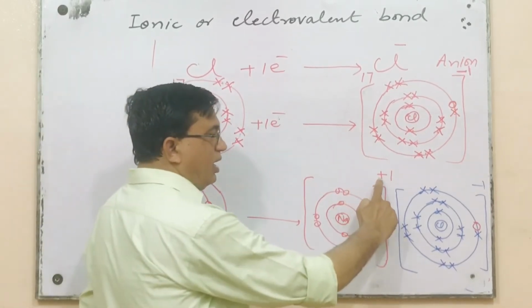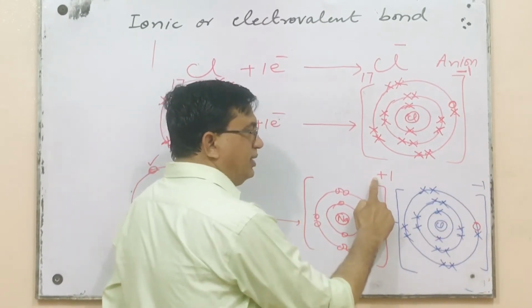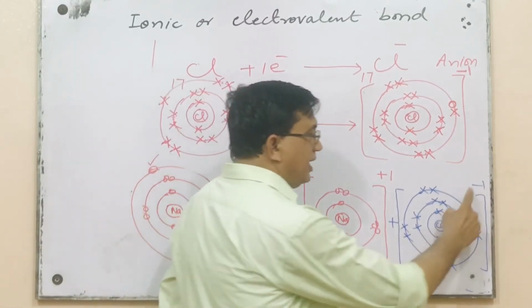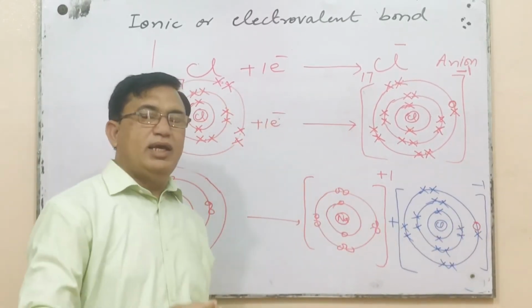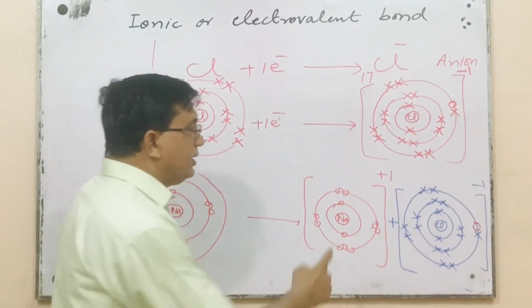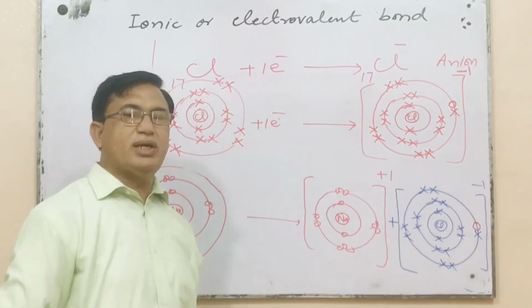If the charges are more, instead of +1 it comes +2 or +3, and negative charge becomes -2, -3, then the electrostatic force of attraction will be increased considerably.